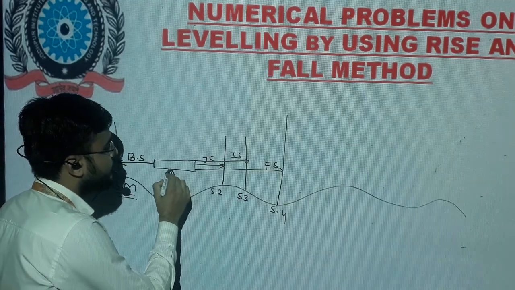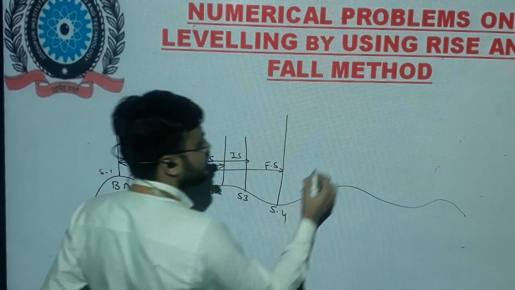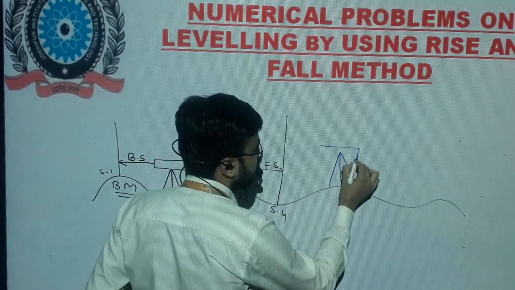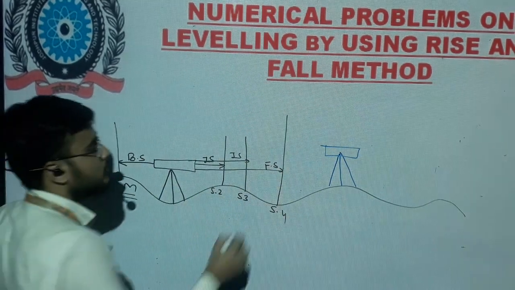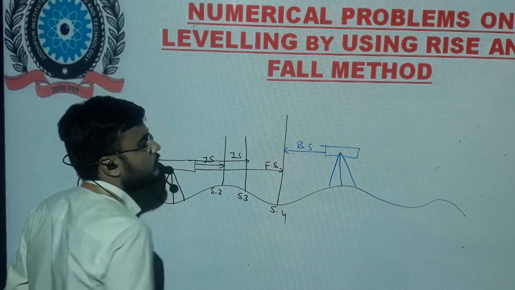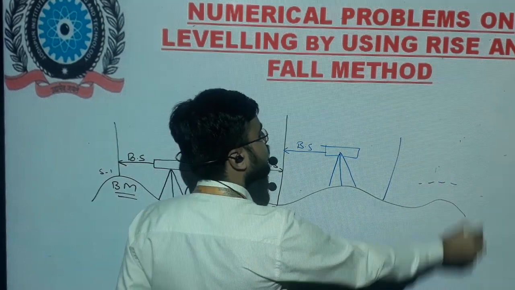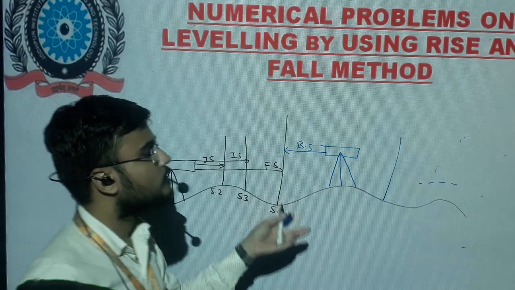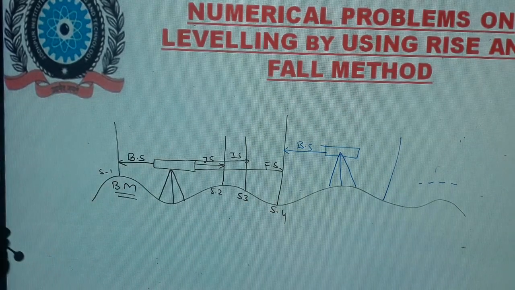I shift this instrument to the next point, maybe here, and I will take the backsight on the last staff, and this process will continue. This is only a revision for you. Now we will start our numerical.